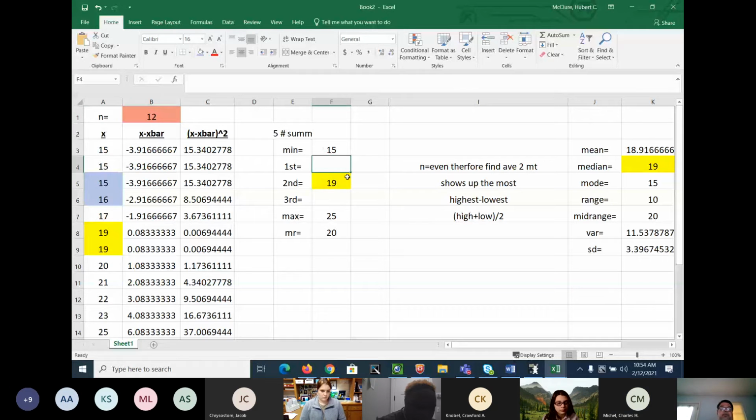Take the average of them, yes. Now, if there had been 7, then you just pick the middle number. But since it's even, we've got to make sure you hit equals. There we go. And I'm going to add 15 plus 16 and divide by 2.